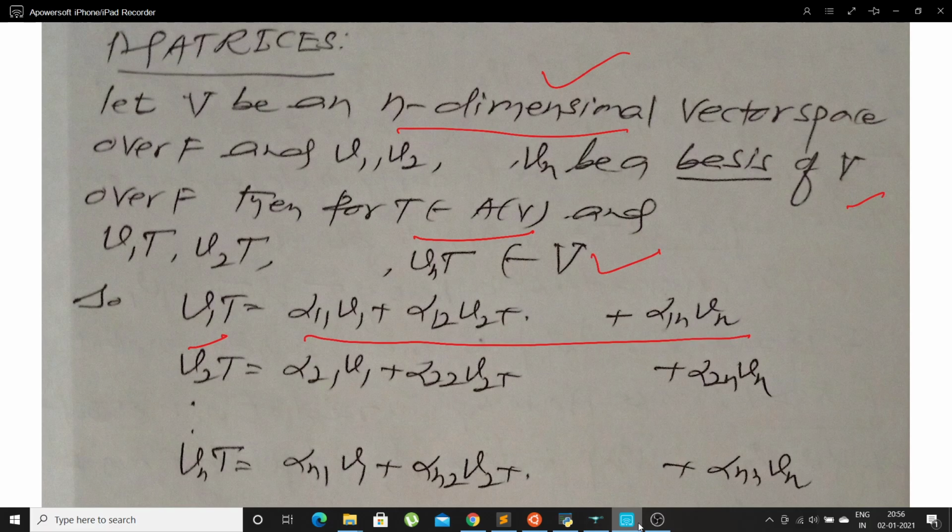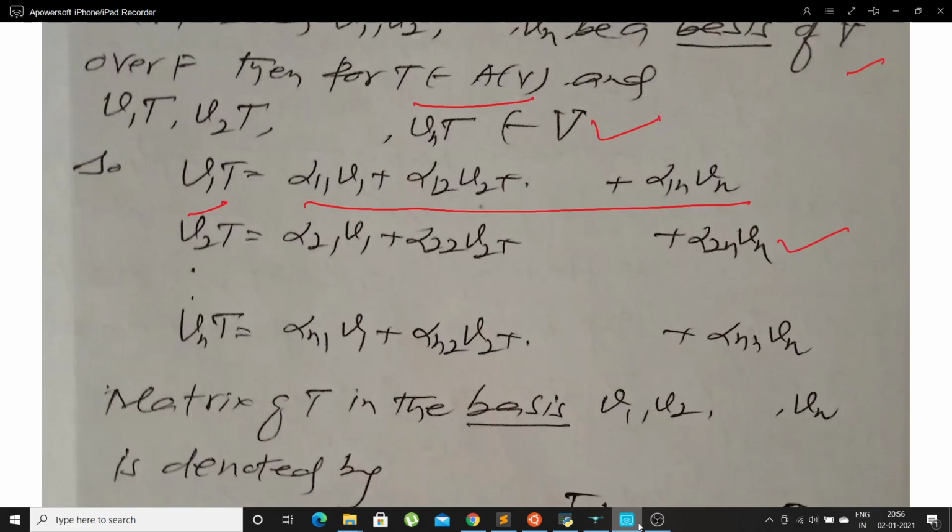Listen to my words carefully: expressing v1 T as alpha 11 v1, alpha 12 v2 and so on, alpha 1n vn. Similarly, expressing v2 T as a linear combination of v1 to vn, we get like this. At the end, expressing vn T as a linear combination of the vectors v1 to vn.